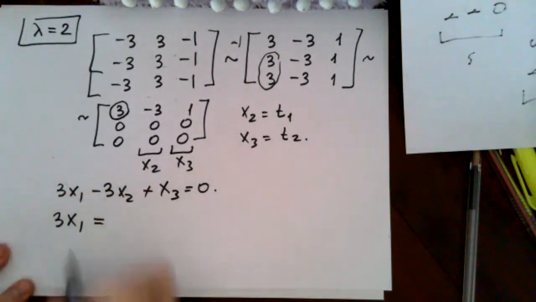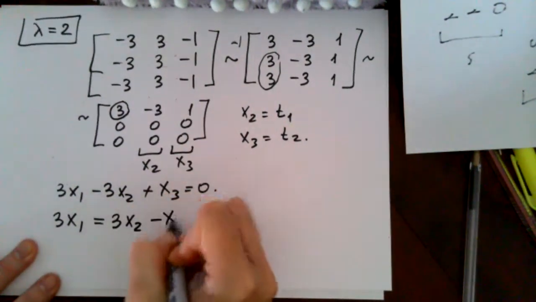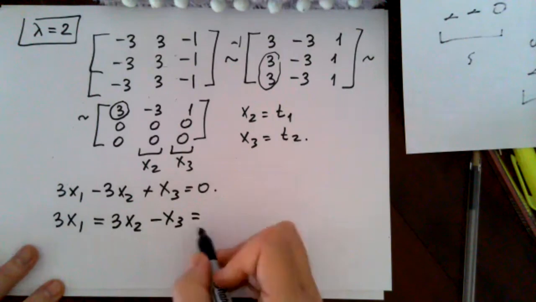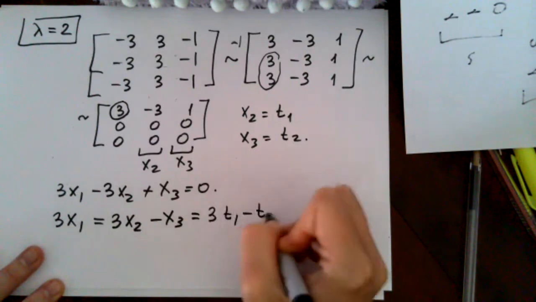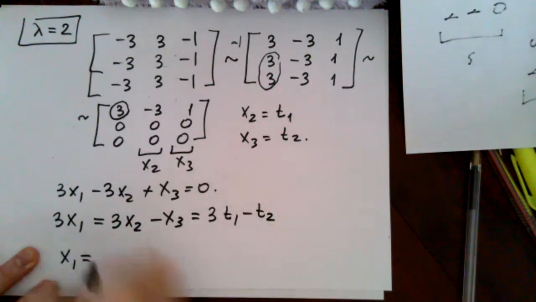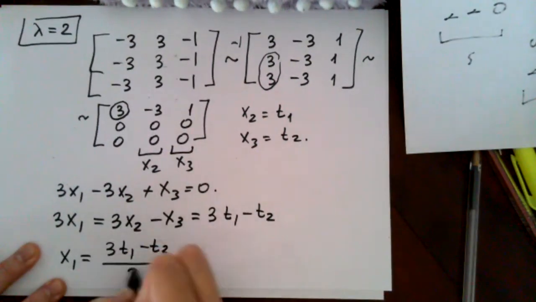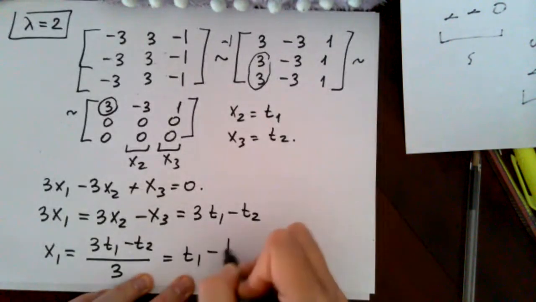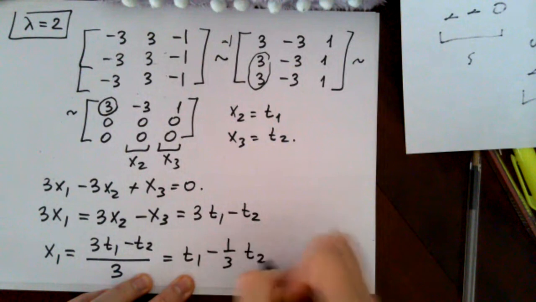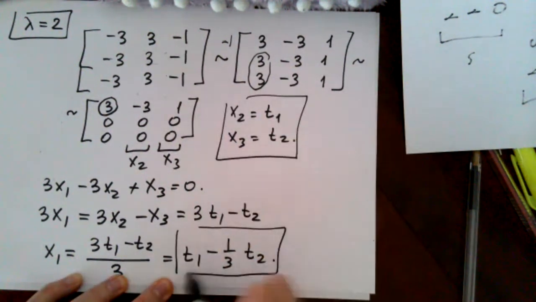Or maybe it's better to express 3x1 first. 3x1 is 3x2 minus x3. And here we can substitute our parameters, so 3t1 minus t2. Finally, we need to express x1, so 3t1 minus t2 should be divided by 3. Maybe it's better to rewrite it in this form: t1 minus 1 over 3 times t2. So we already have all our variables.